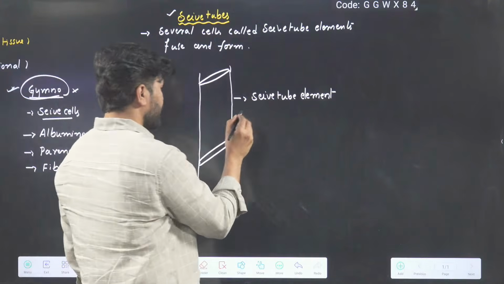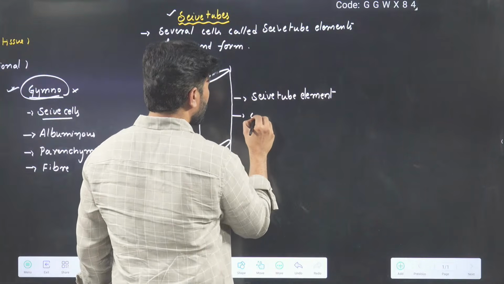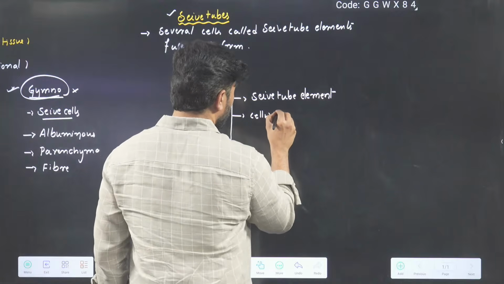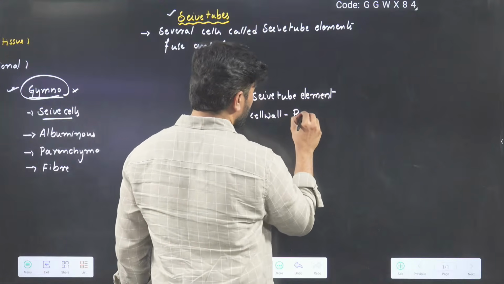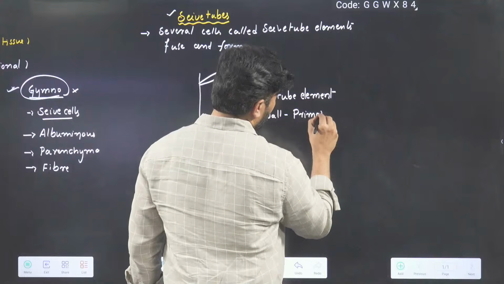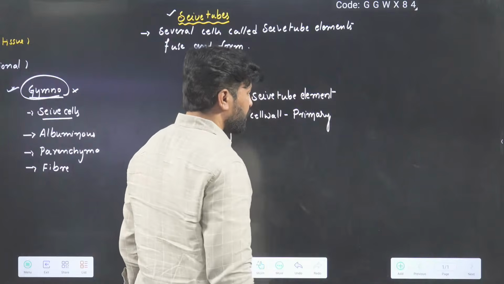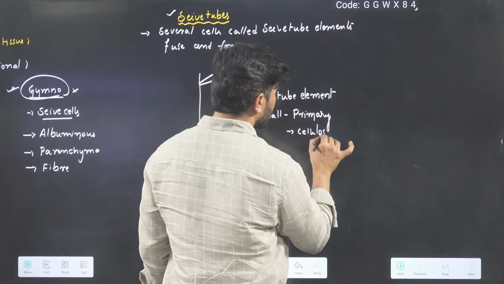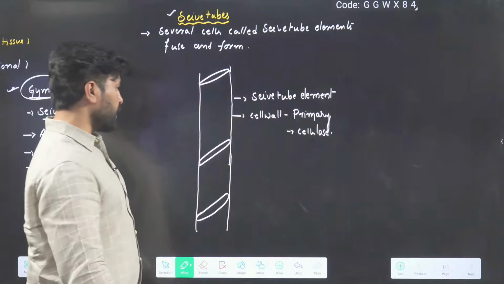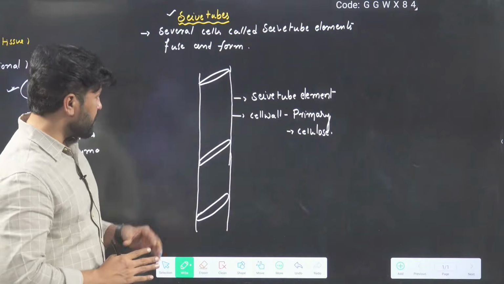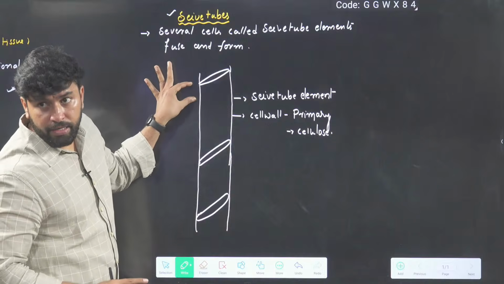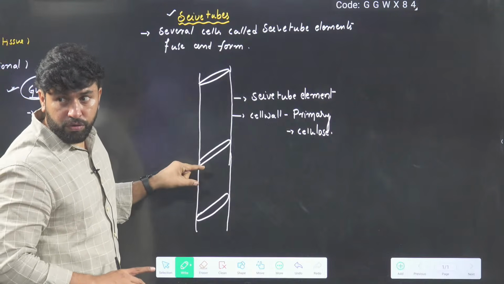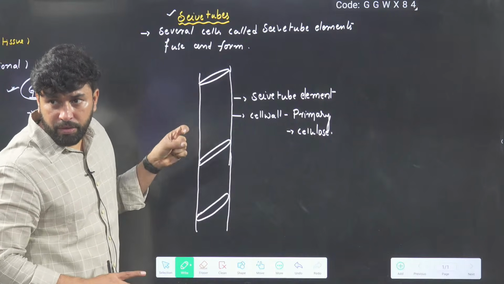So, characters. They have a cell wall, but the cell wall is primary. You know what is meant by primary wall. Primary wall is made up of cellulose. Yes or no? Cellulose. Next, one sieve tube element wall will fuse with another sieve tube element wall.